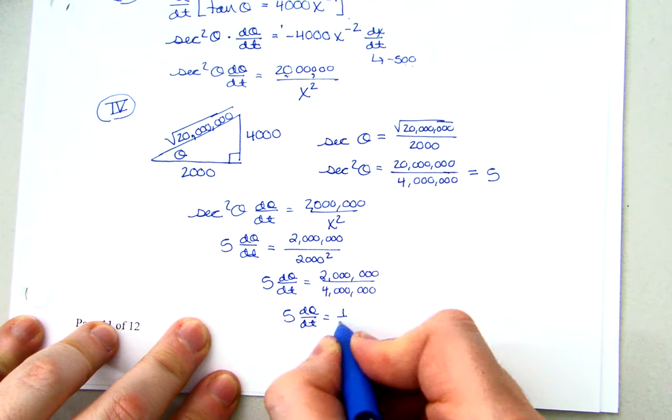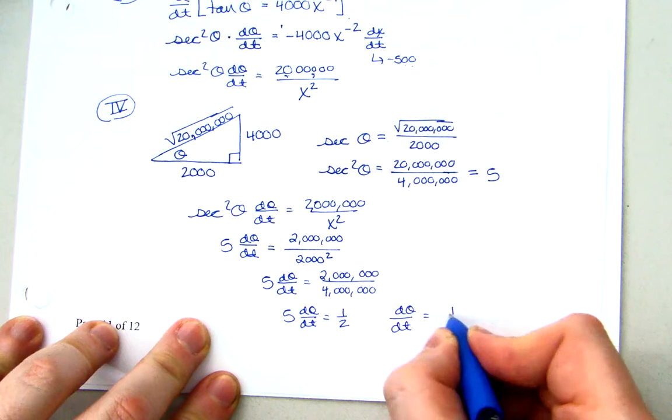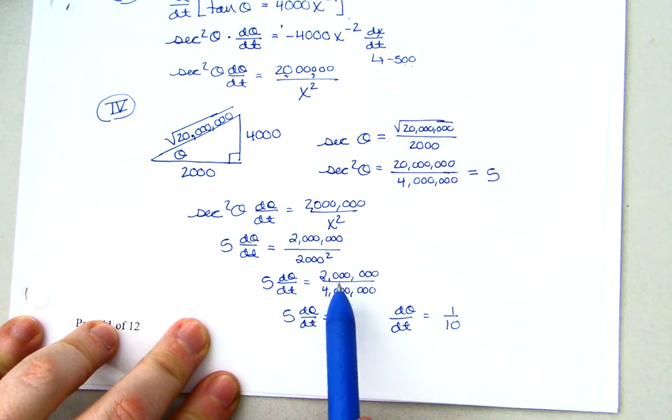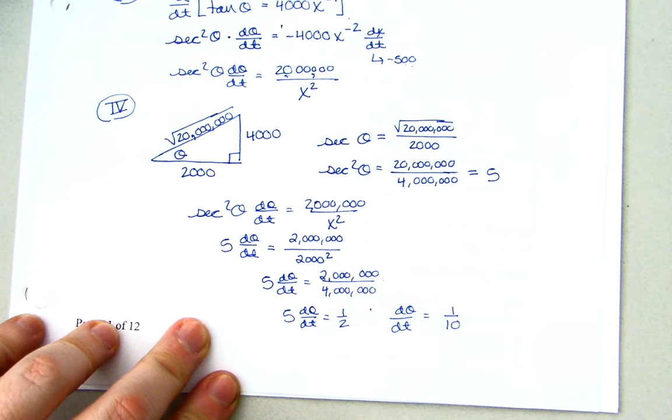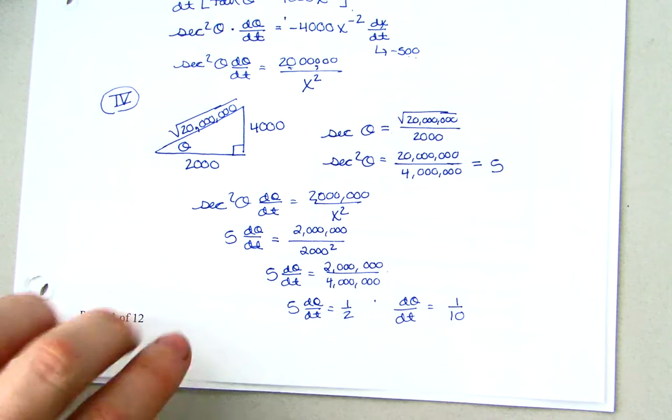Thinking 5 d theta dt just equals a half. So d theta dt is just 1/10. I'm doing 2 million over 4 million. No, I'm not done. 1/10, and we're almost there.